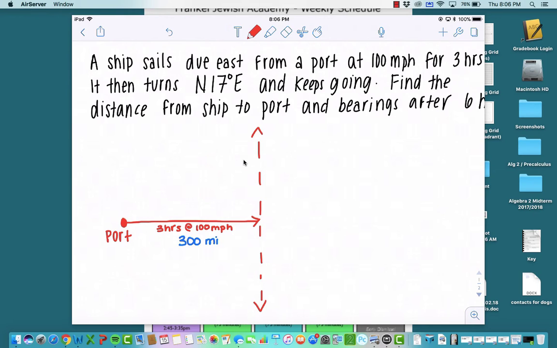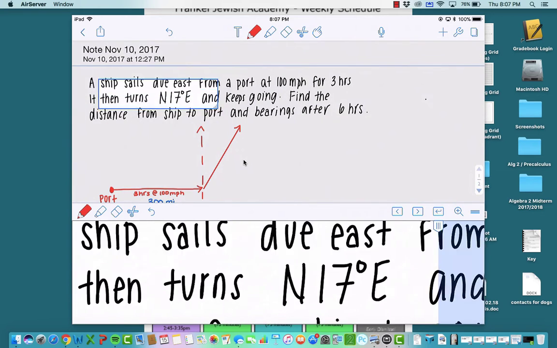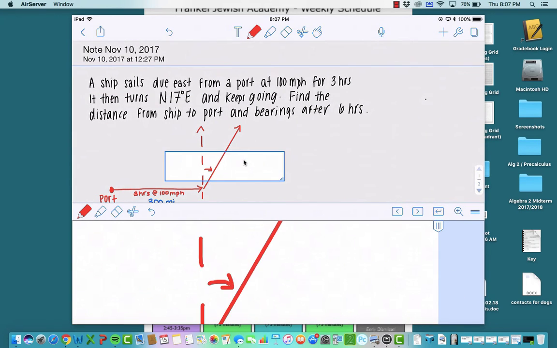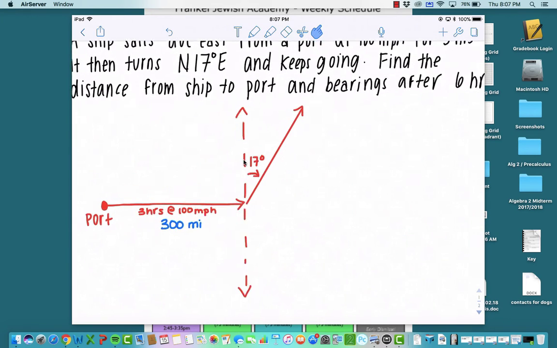It says I went 17 degrees from north, and I went in the east direction. So that means in the east direction, because east is to the right, I went 17 degrees from north.